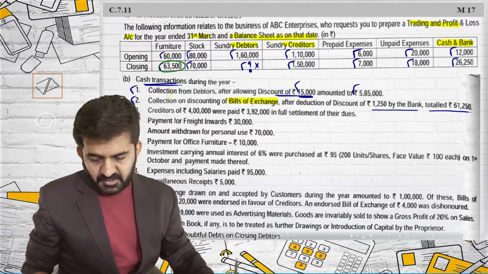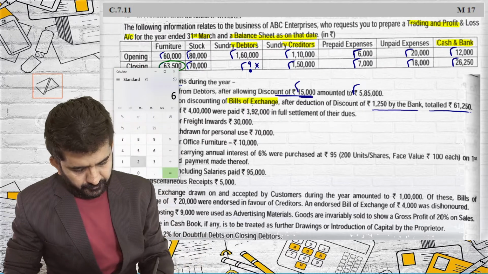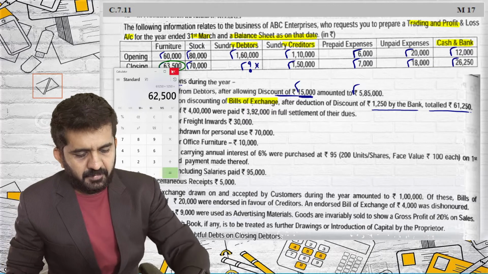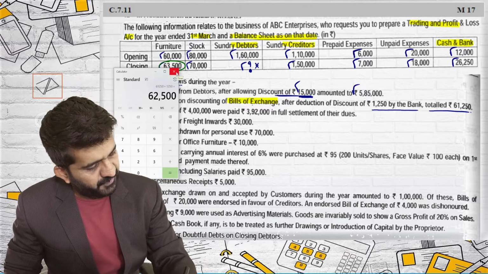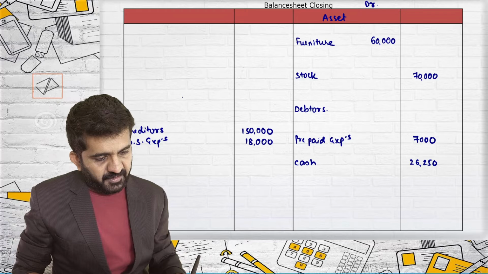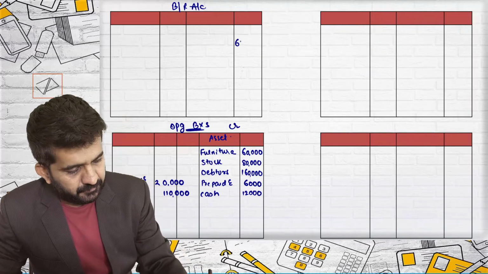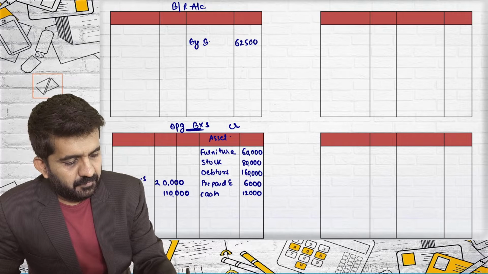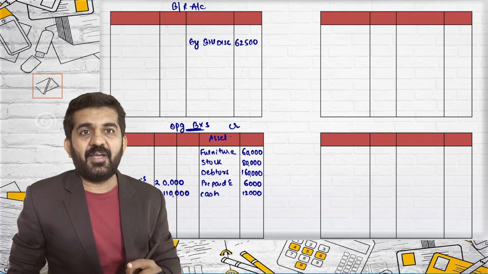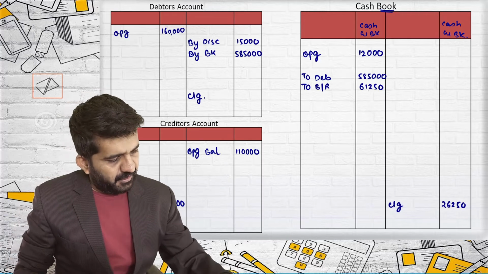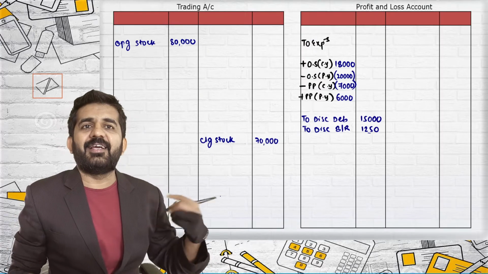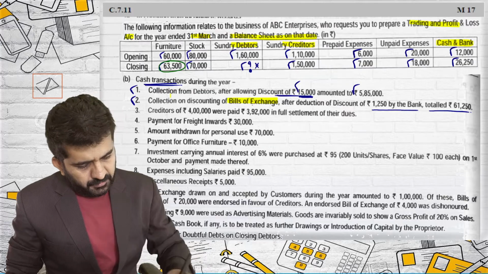Total of this, 61,250 plus 1,250, is total bills receivable, which is 62,500. BR will be credited by bills discounted. Debit effect of 62,500 in the nature of 61,250 and 1,250, and credit effect in the BR account. This is that.